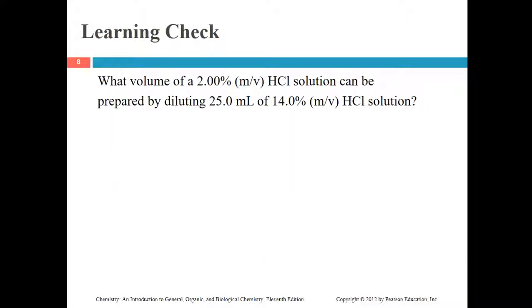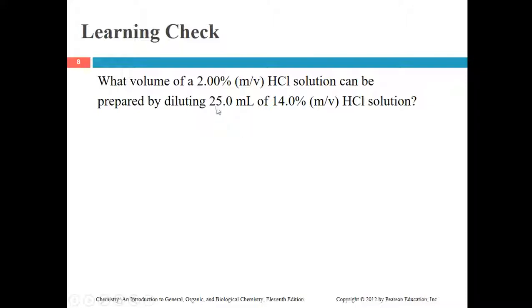So here we have another problem. What volume of a 2.00% HCl solution can be prepared by diluting 25 milliliters of 14% HCl solution? All right, here's our key word, dilution, so we know it's our M1V1 equals M2V2, or the same thing, C1V1 equals C2V2. And they want to know what the second volume is.